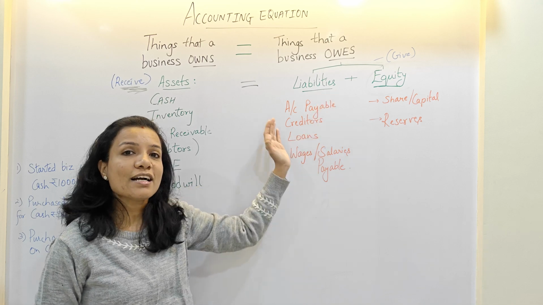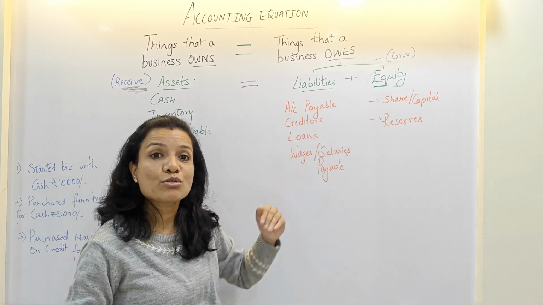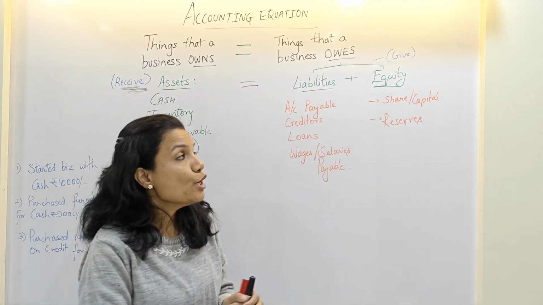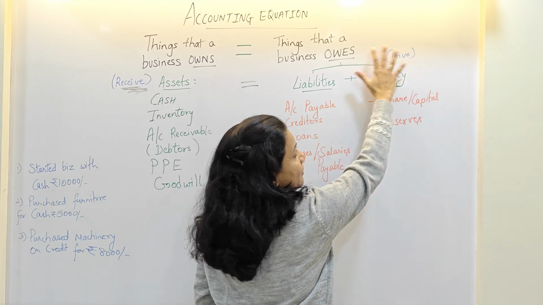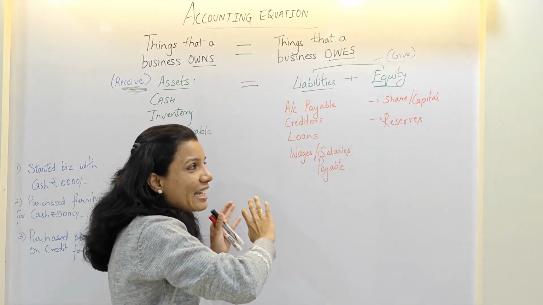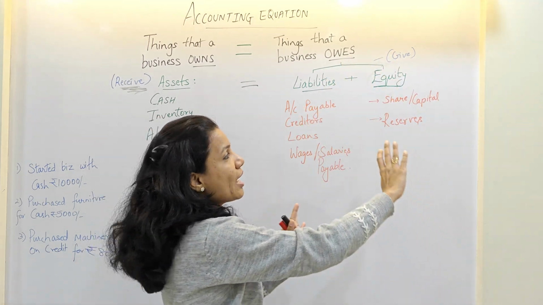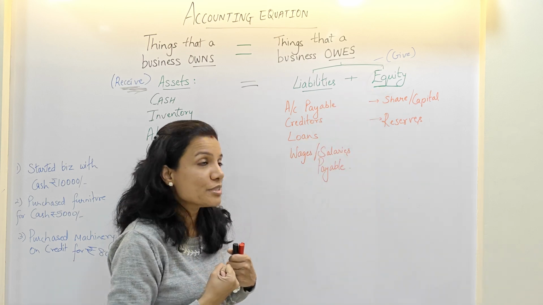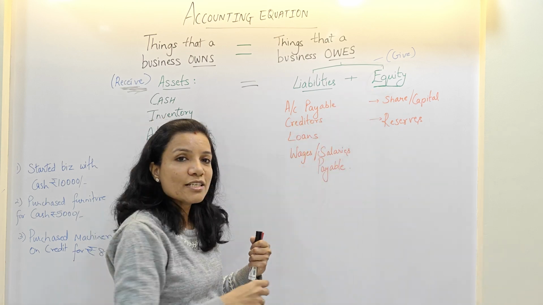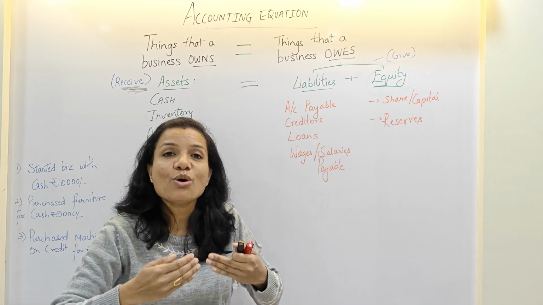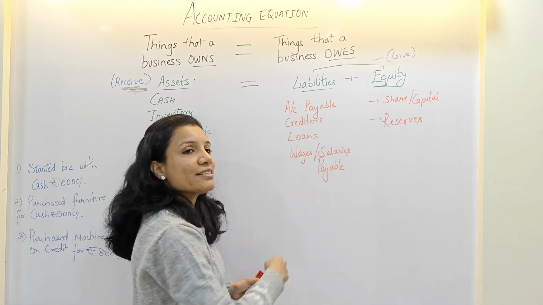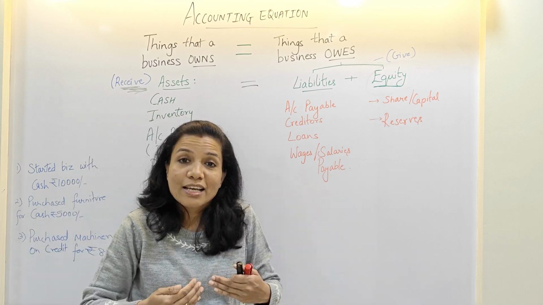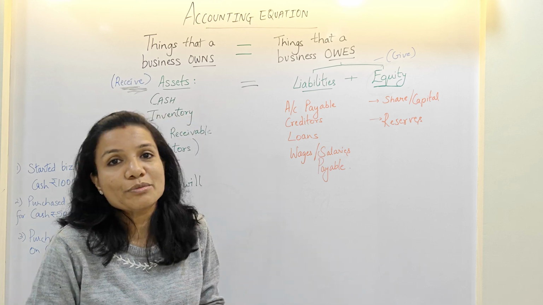What are the others? Others are liabilities, accounts payable. Those are my creditors to whom the business has to pay. These are the things which will take away something from the business. When I take out money, this equity is represented by me, so I can take that money from the business. Accounts payable or creditors, we have to pay them, so the money will go out of the business. Wages and salaries payable, my employees, I have to pay them, the money goes out of the business.